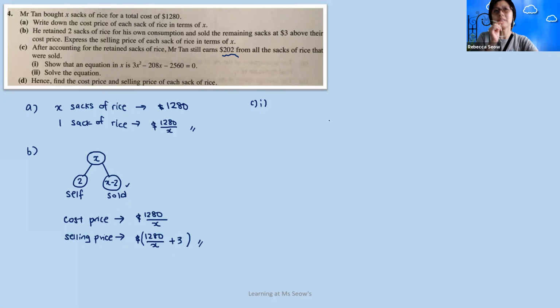$202 is the earning that Mr. Tan gets. So how much would he earn from all the rice that he actually sells? So the earning would be actually the number of sacks of rice, which is X minus 2, multiplied by the cost of 1 sack of rice.